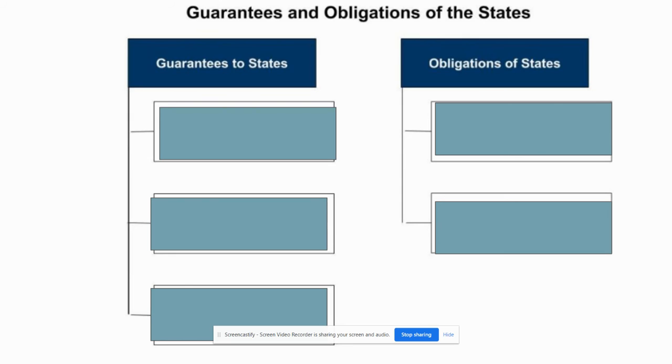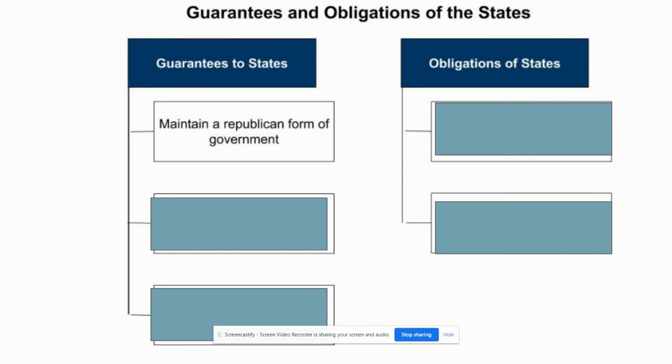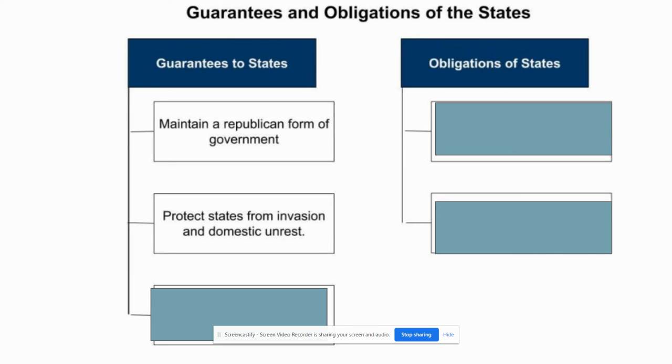Right, guarantees and obligations of the states. Some guarantees to the states. This is basically made by our federal government, but that is to help maintain that Republican form of government. Anytime we talk about the word Republican, we're talking about a representative form of government. Protecting states from invasion or any kind of domestic unrest.